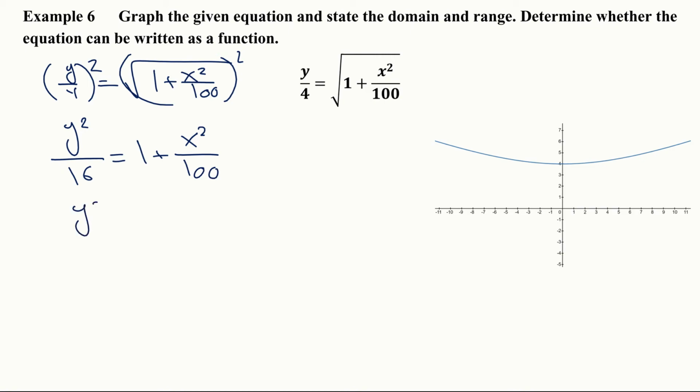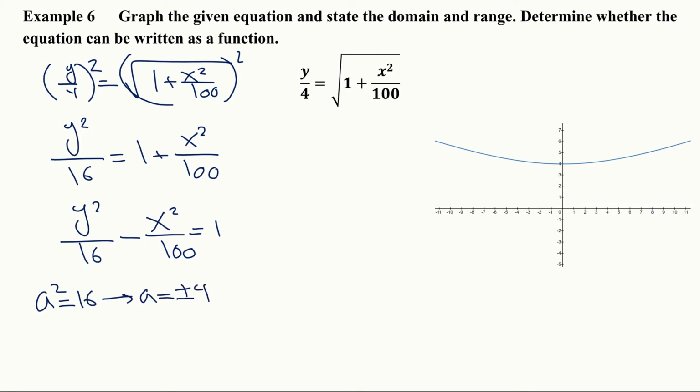So if I put it in standard form, it'll be y squared over 16 minus x squared over 100 equals 1. Because the y term is the positive one, I know it's going to be an up-down vertical hyperbola. So a squared equals 16, so a is going to be plus or minus 4. B squared equals 100, so therefore b is going to be plus or minus 10.